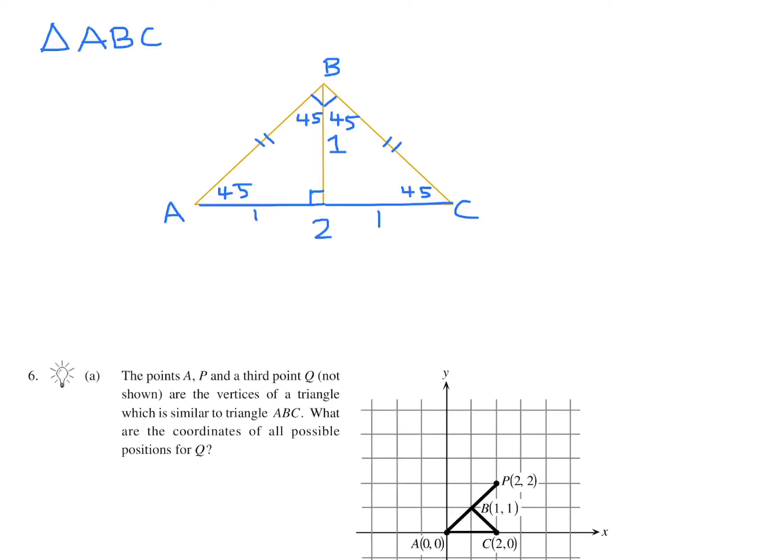Now they want us to figure out a point Q somewhere, let's say it's here, so that this triangle APQ is similar to ABC. So it will also be isosceles. It will also have 45-degree angles of that nature. All right? So let's blow up this graph here, and hopefully that will give us a better understanding of how we can label this in terms of the coordinates.